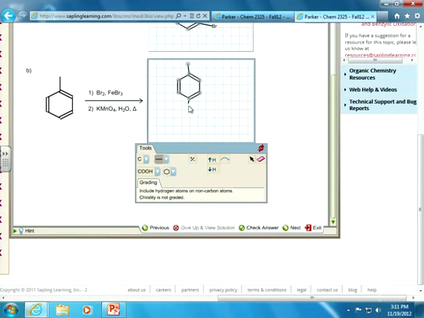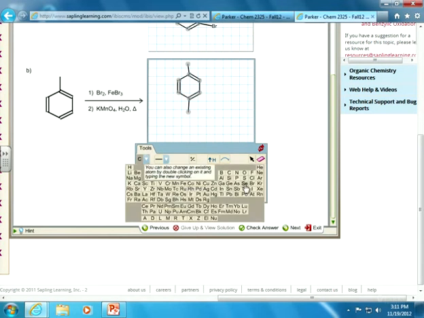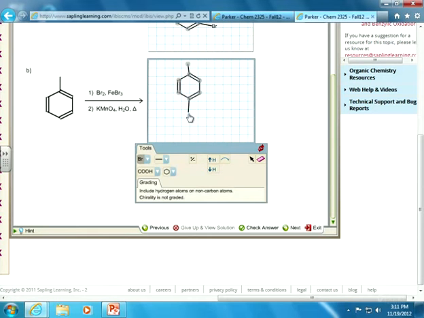So if we draw the para, I'll put my bromine right there. Okay. Now KMnO4 is my next step. What will that do to this? It'll turn this into the carboxylic acid. Right there.